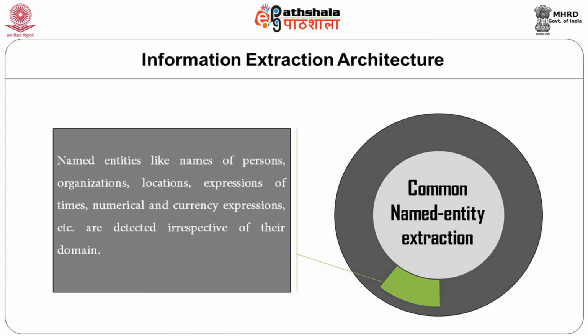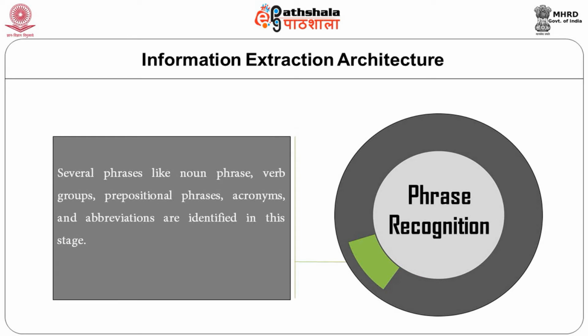So that is what named entity stands for, something very concrete that can be extracted. These can be extracted irrespective of domains, because they practically are nouns, or in many cases proper nouns, and they can be extracted from different domains, and it does not matter that we only work in domain specific areas. The next step is phrase recognition.